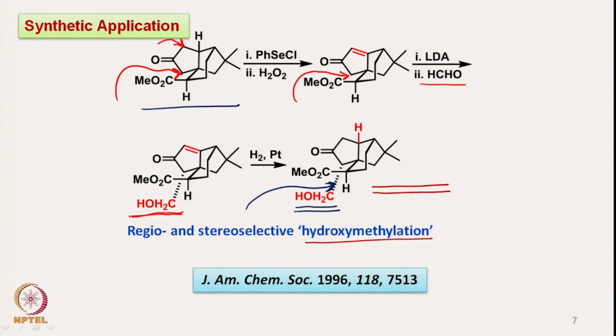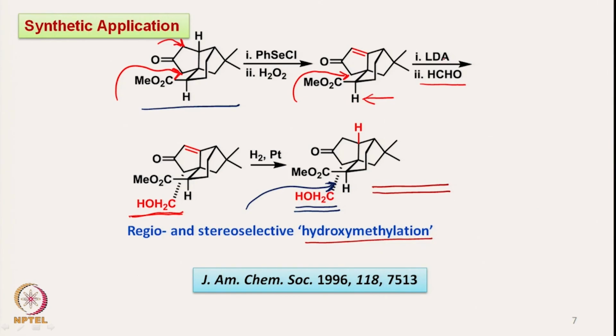and then with the help of an electrophile such as formaldehyde, one can introduce the CH2OH group. Now one can ask this question: this particular proton is alpha to the carbonyl group, at the same time this particular hydrogen is alpha to the ester group also, but this proton is next to a carbonyl group, whereas this proton is next to an ester group, and therefore the acidity of the proton here is higher than the acidity of this proton.